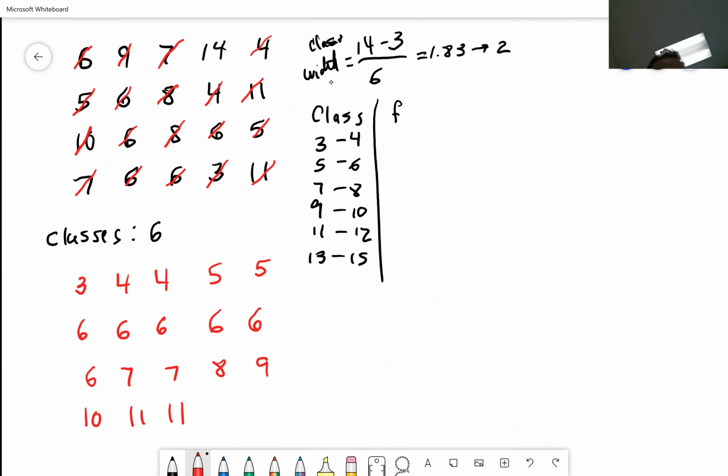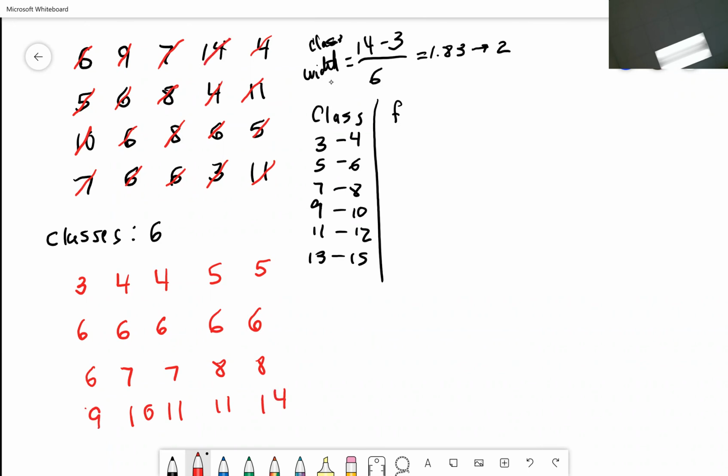How many 4s were there? 2, right? How many 5s? 2. How many 6s? 6. How many 7s? How many 8s? There it is. That's the problem right there. And then 14. There, that is put in order.